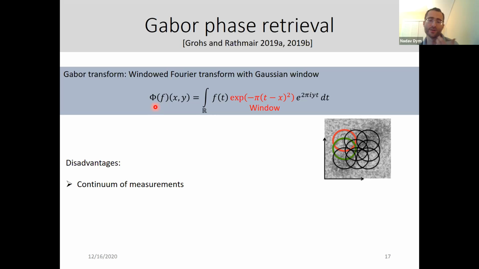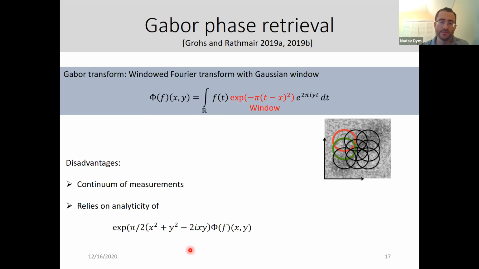But that's way too much, because we assume that we need something like 4 times the Nyquist rate. We don't want the continuum. Also related to that is that their proof relies on analyticity of this function. It's a function from R^2 to R^2, and it's not really analytic, but you can multiply it by some weight function and it becomes analytic.